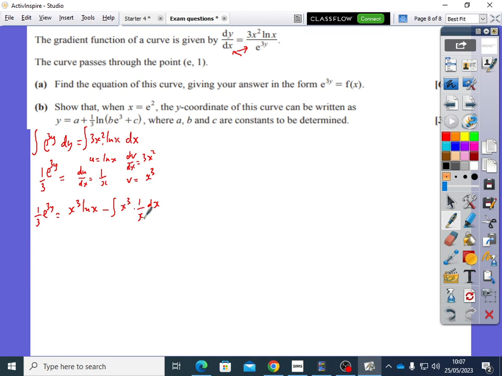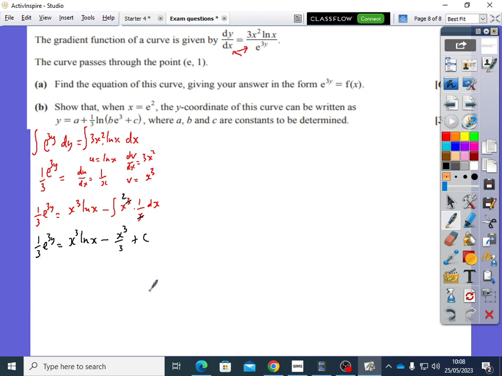That will cancel with one of those, so that will become a 2, and that will disappear. So what we end up with is 1/3 e to the 3y equals x cubed ln of x minus, now you're integrating x squared really. So when you integrate x squared, you just add 1 to the power, which is 3, divide by the new power, and then you can just plus c. Okay, that's all right. So this side is done.